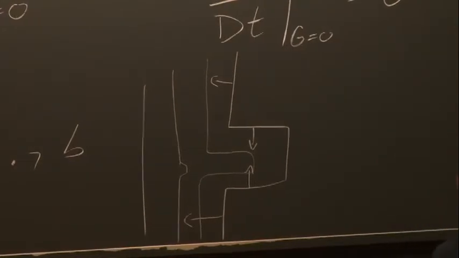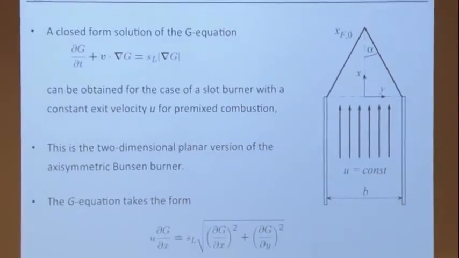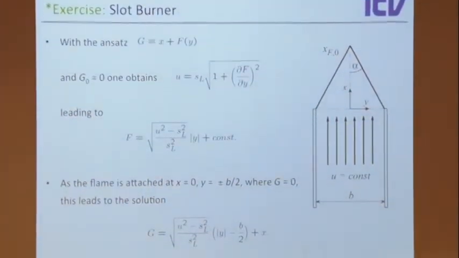Okay, so if you have a corrugated flame, the burning itself always takes these corrugations away. It tries to make everything flat and smooth. So that will become important again when we look at turbulent flames. So this is just a preview here of how you could compute these. There's an example here that gives you analytic solutions for this burning velocity, for this Bunsen burner.